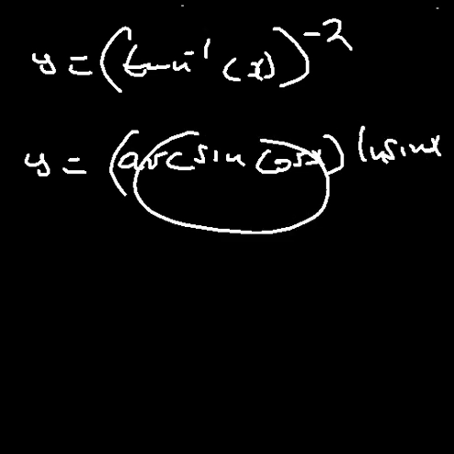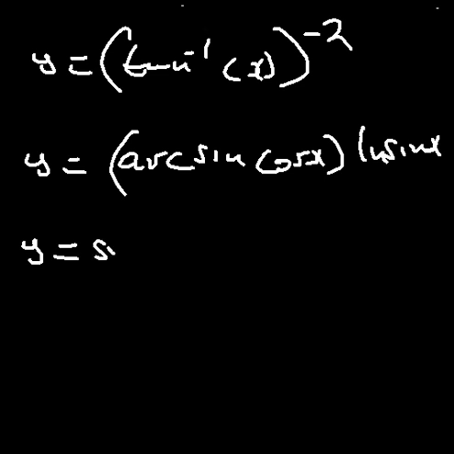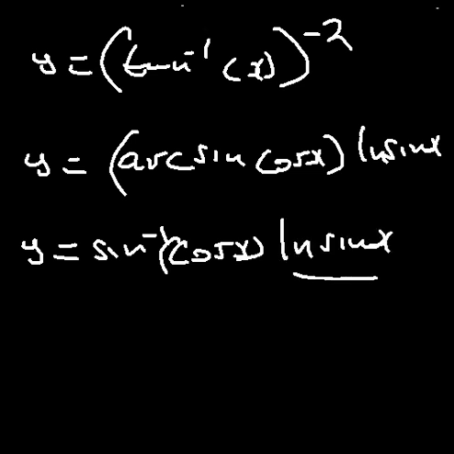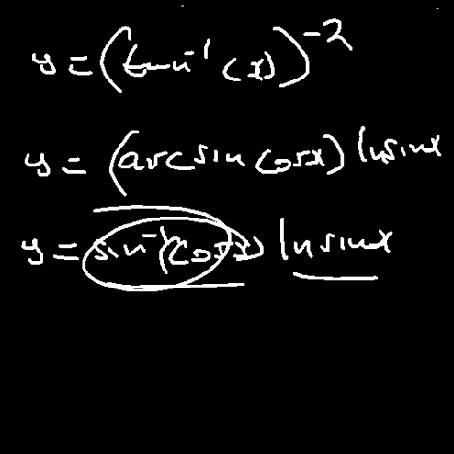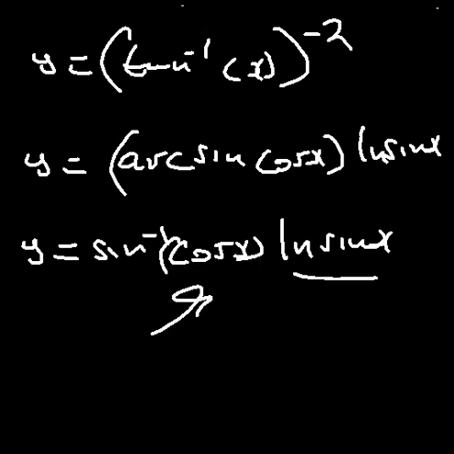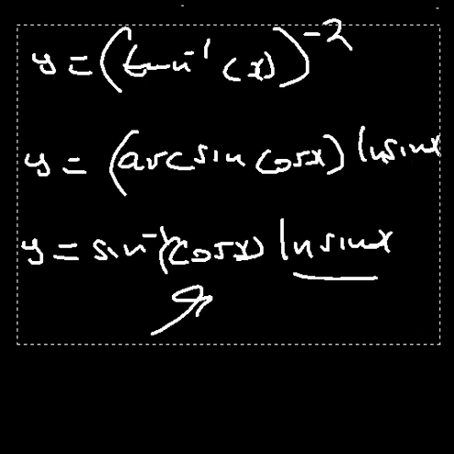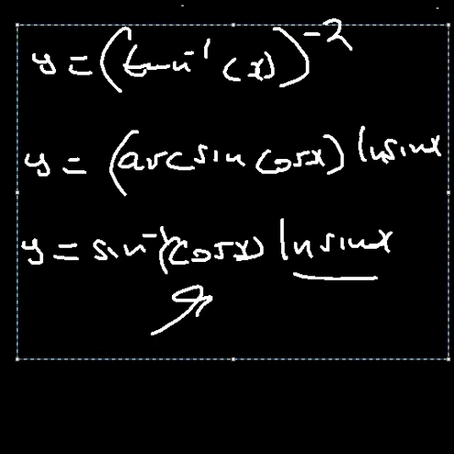Now having this case, this is the same as y is equal to sine inverse of cos x, in the terms ln of sine x. So we have two functions here. Product rule will be applied, in the sense that we have the sine inverse within a function given as the cos. So try to go over that one and try to understand what it means there at the end of the day.